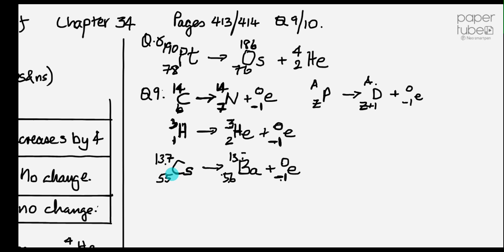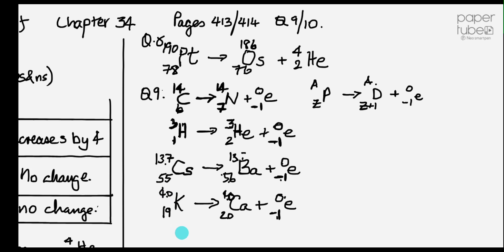Right, let's do the next one. Potassium goes to calcium and a beta particle. It tells me the potassium is 19, so the calcium has to be 20, because 20 take away 1 is 19. It tells me in the question that the calcium has an atomic mass of 40, so the potassium goes 40 plus naught is 40.